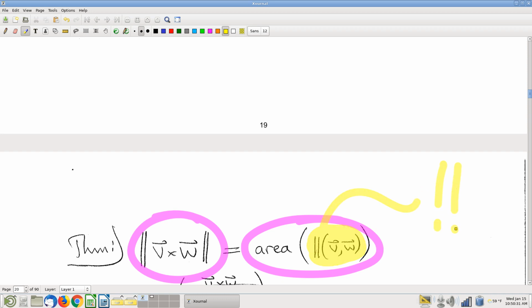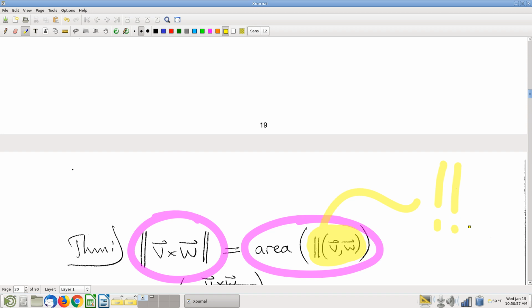I may have created that notation. I'm not sure. It seems like a natural choice, and it's so common that I need to refer to a parallelogram defined by two vectors. And parallelogram's a long word. There's a lot of letters, right? And it's just very handy to put two parallel lines followed by a list of two vectors.